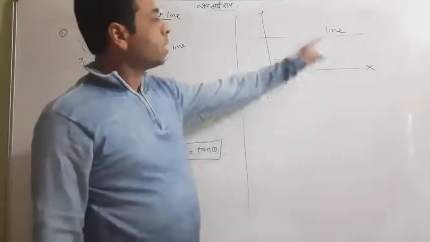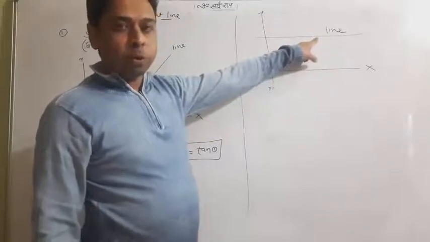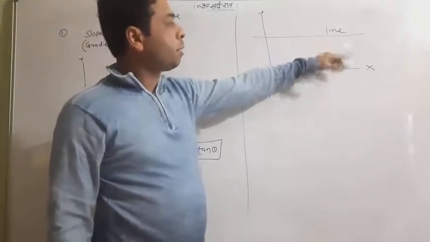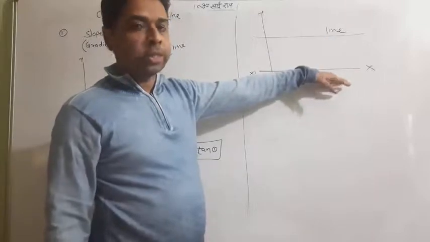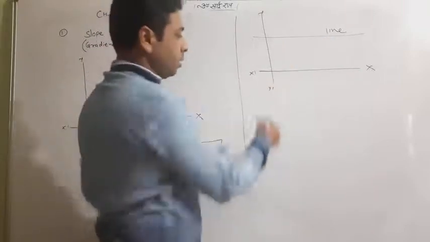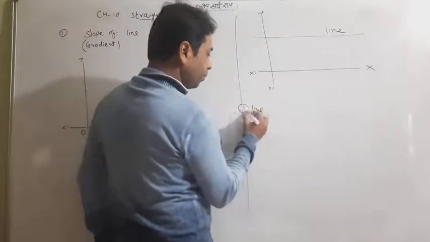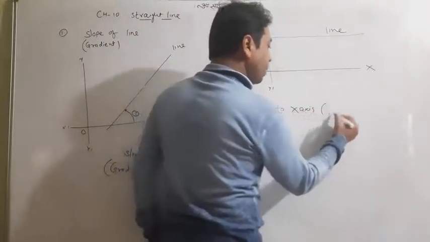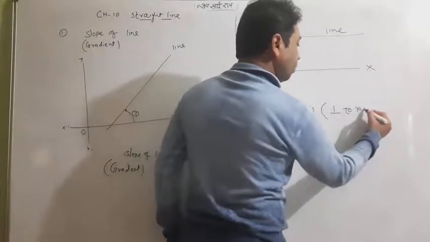Now if I ask you what this line is, you can find the nature of the line easily. This line is parallel to x axis, or you can say it is perpendicular to y axis, both are the same.